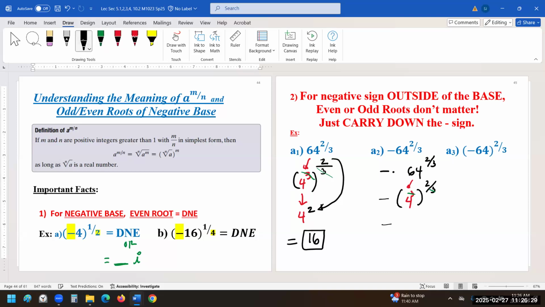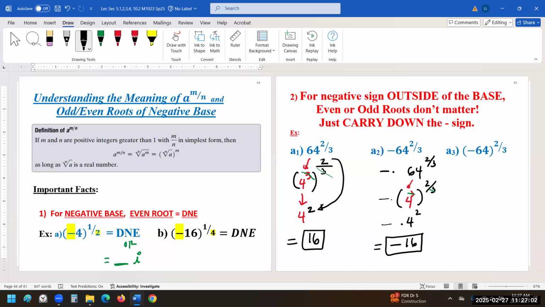We have negative times 4 squared. See, your negative is not inside the parentheses. So what's the answer? Positive 16 or negative 16? Negative 16, because the negative is outside, it's multiplying.